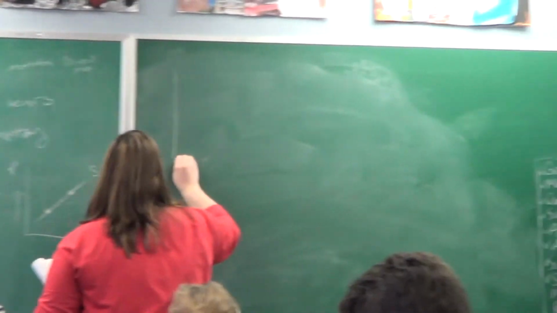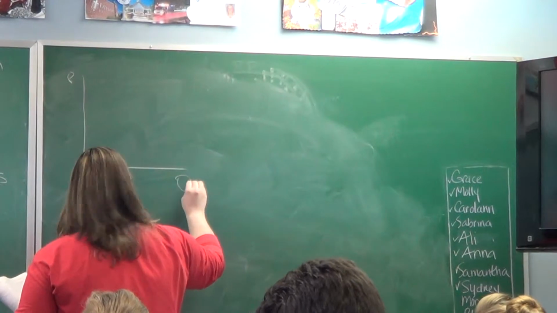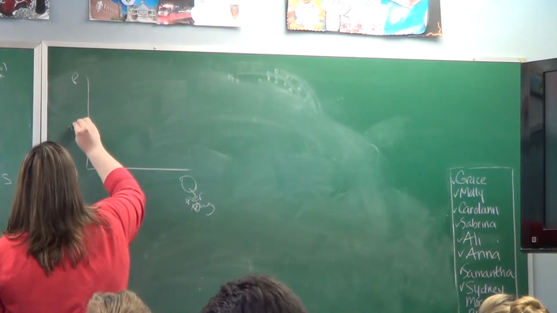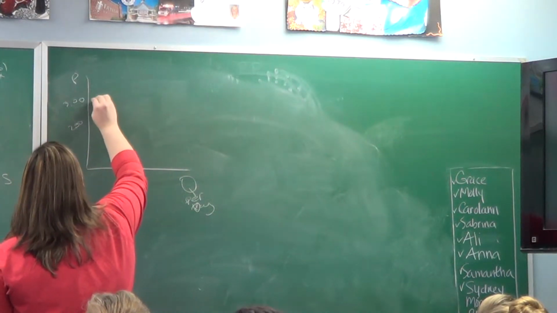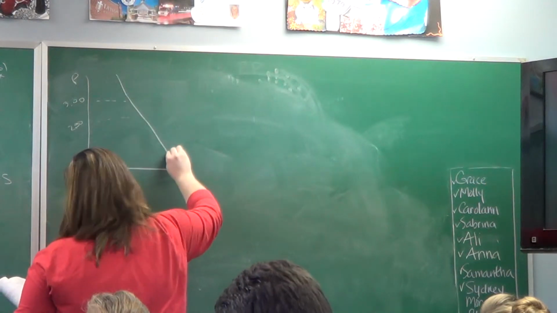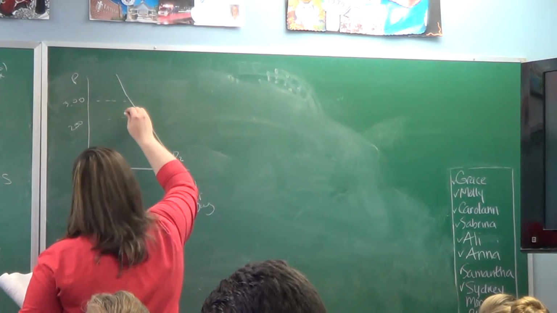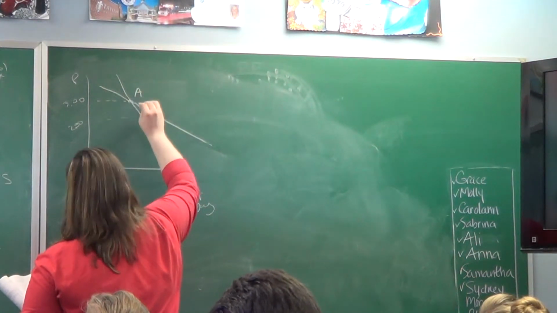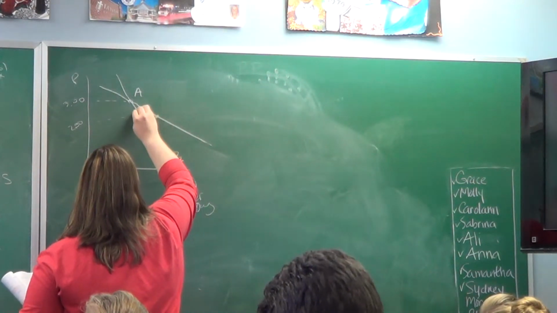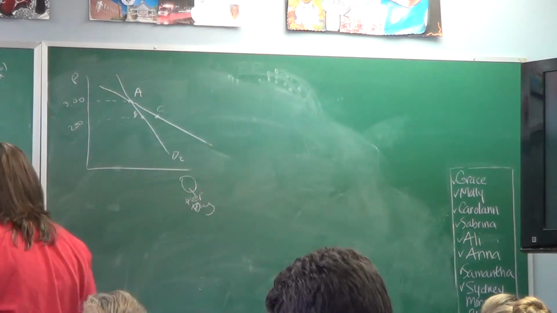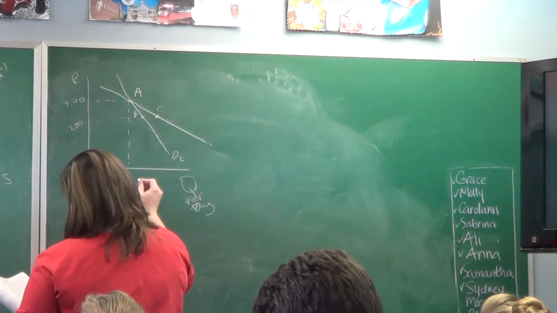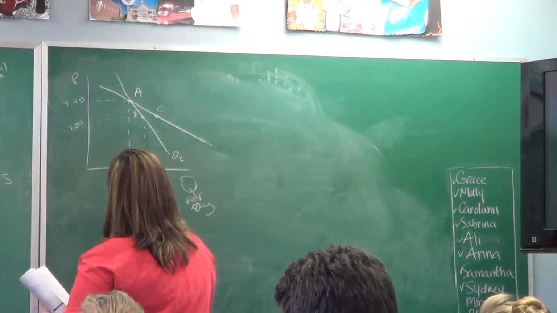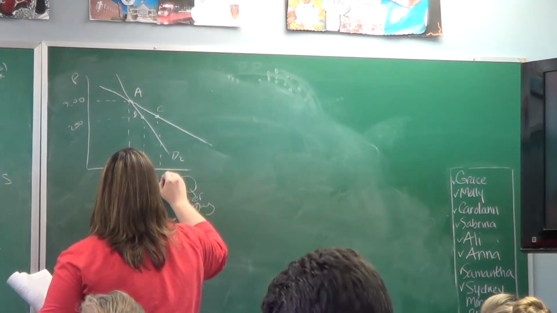On the graph we have price and quantity per day, with prices of $2.50 and $3. The quantity at point A is 200, at B it's 225, and at C it's 300.